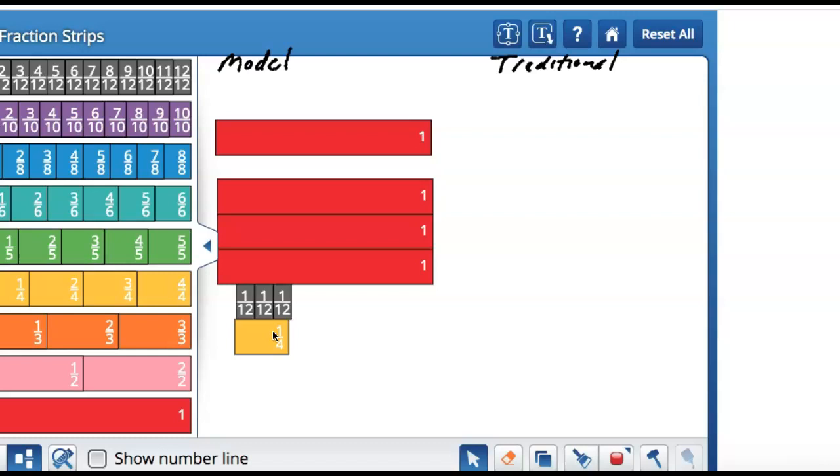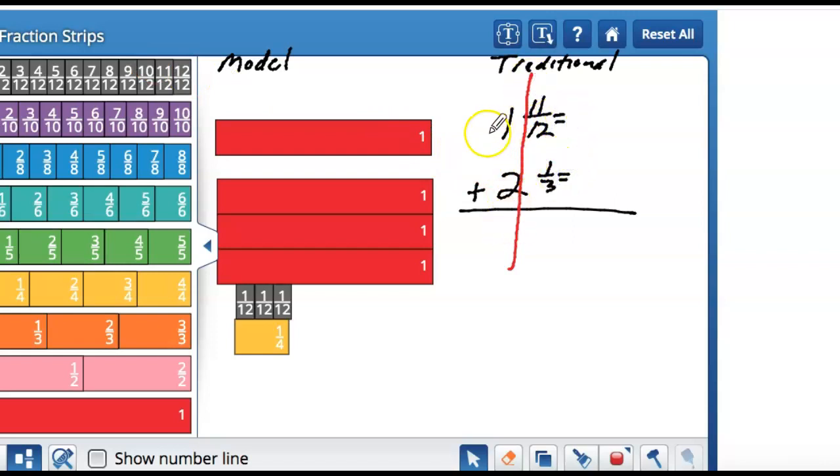So what does this look like in a traditional sense? Let's take a look. In the traditional way that we would do this, again, I like to separate the whole number side from the fraction side and figure out the fraction side first. So I know 12 is our denominator. So this is going to be times 4, so this is 4. I'm going to add this up and get 15/12, and this is going to be 3.